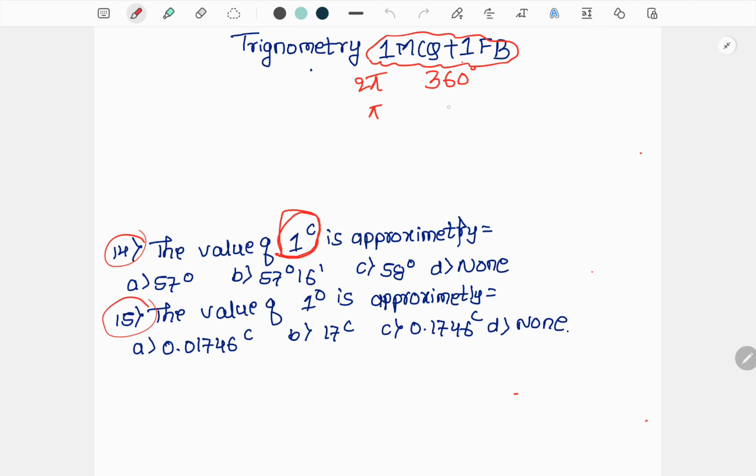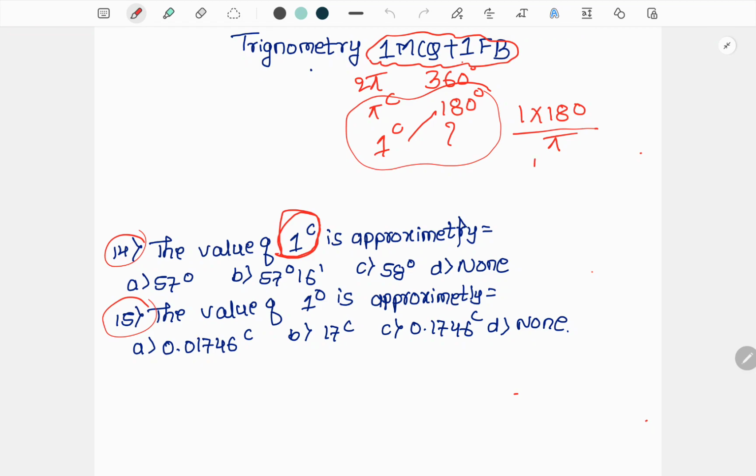Pi means how much? 180 degree. So pi radian is 180 degree. So 1 radian is how much? Using this relation, if you calculate, it is nothing but this into this divided by this. So 1 into 180 divided by how much? Pi. So it is nothing but 180 divided by pi.